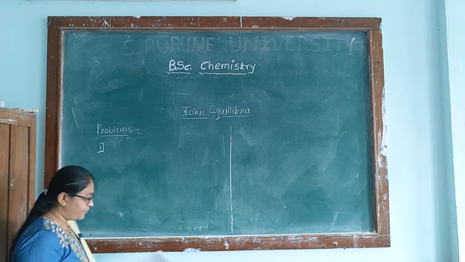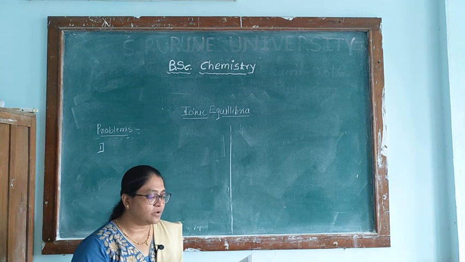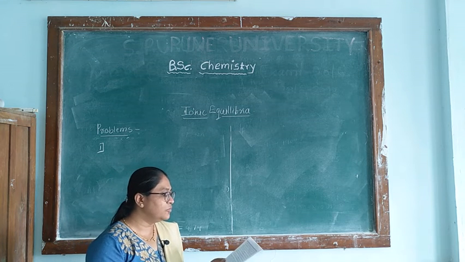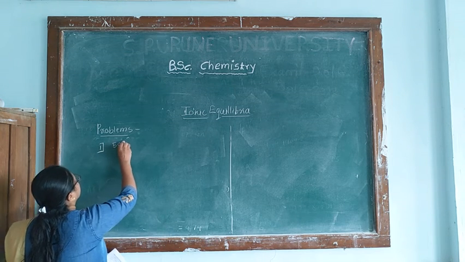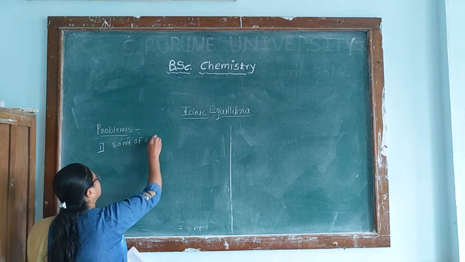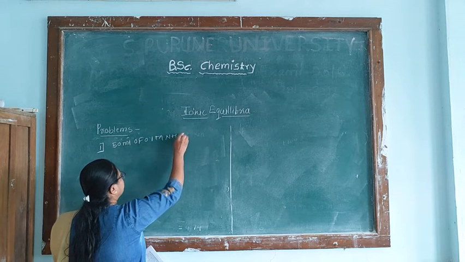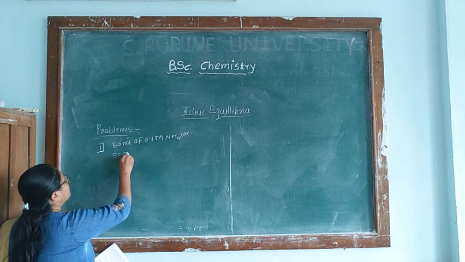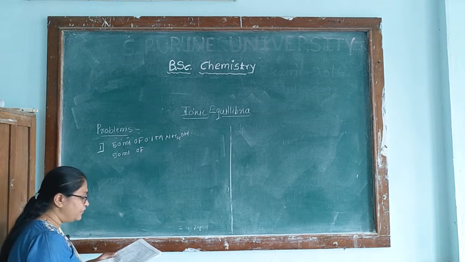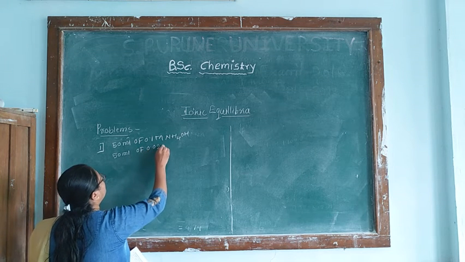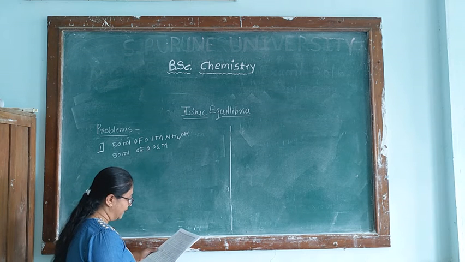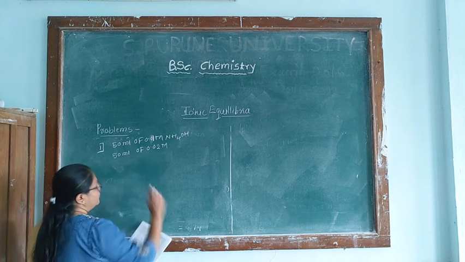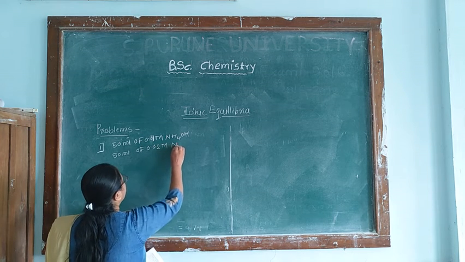Problem number one. Calculate the pH of the buffer solution which is obtained by mixing 50 ml of 0.1 molar NH4OH, ammonium hydroxide, with 50 ml of 0.02 molar ammonium chloride.